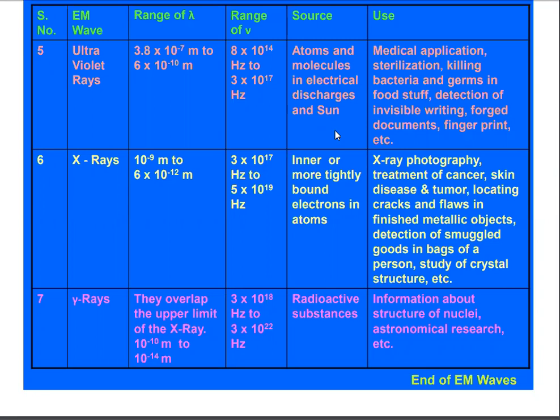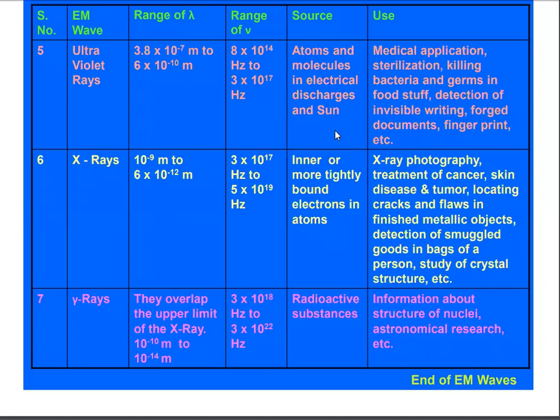What is the source of gamma radiation? Radioactive substances are the basic source of gamma radiation. The application of gamma radiation is in obtaining information about the structure of nuclei.